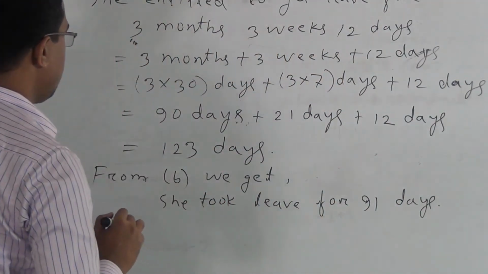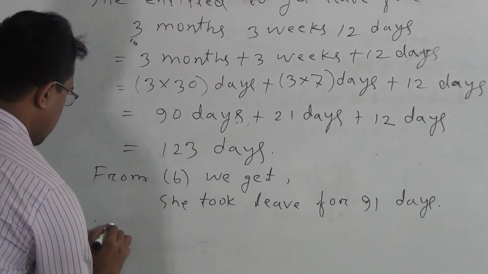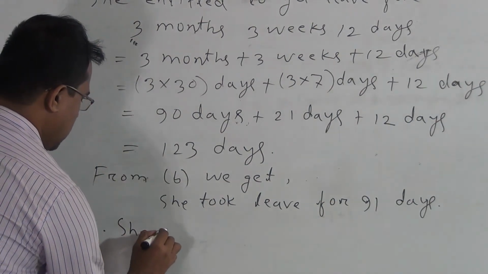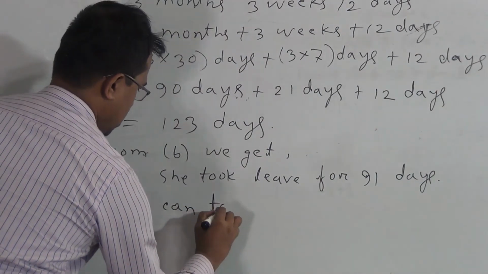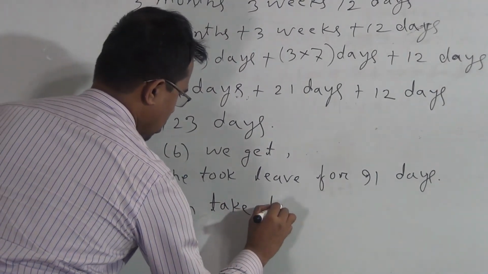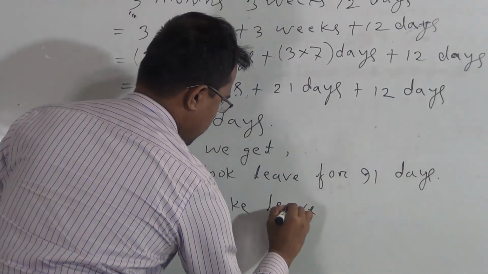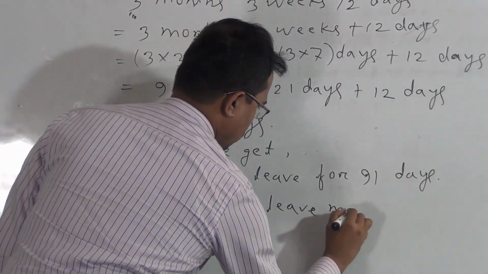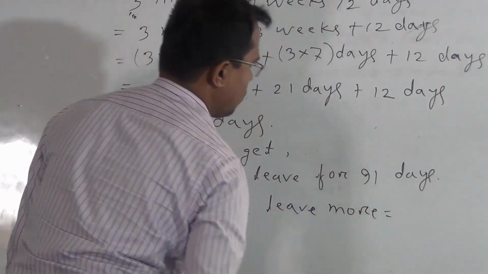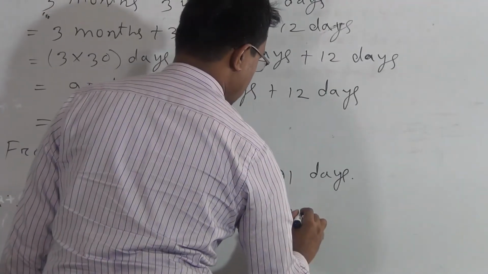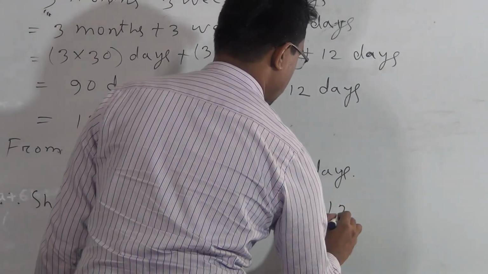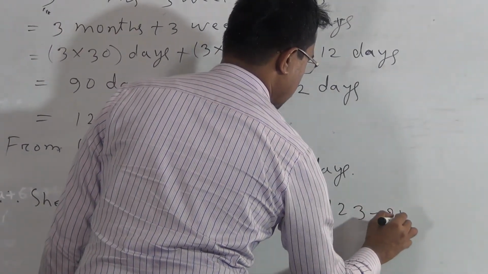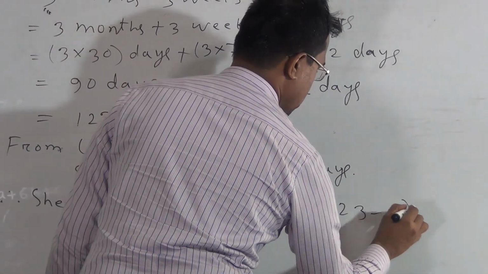Therefore, we have to find how much more leave she can take. She can take leave more is equal to 123 minus 91 days.